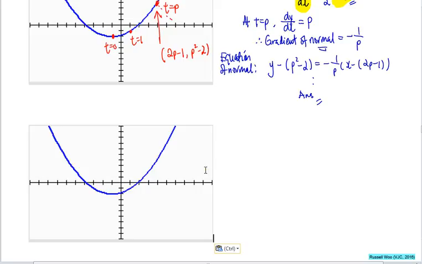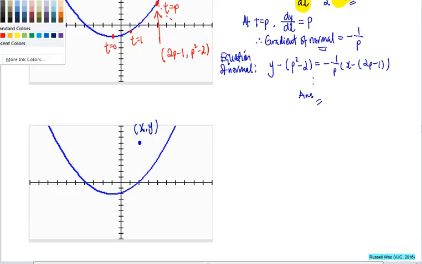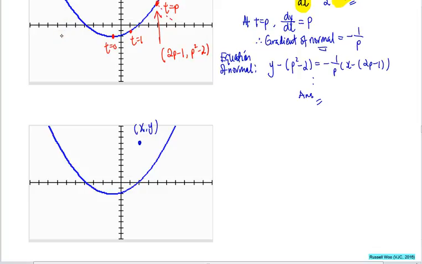What do we mean? Suppose I have a fixed point (X, Y) somewhere here. What they're trying to say is, I could have one normal here. I could have another normal. There's one normal, normal one. There could be another normal that passes through this one.